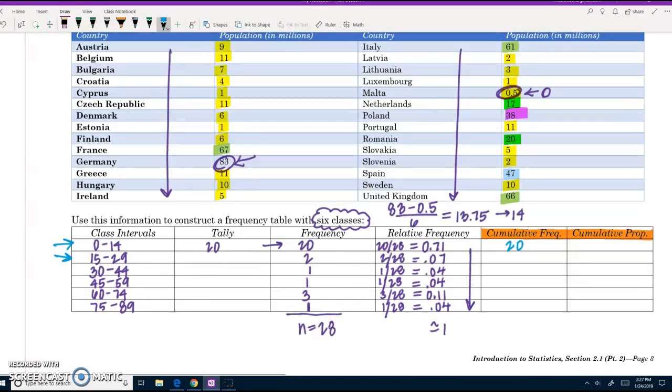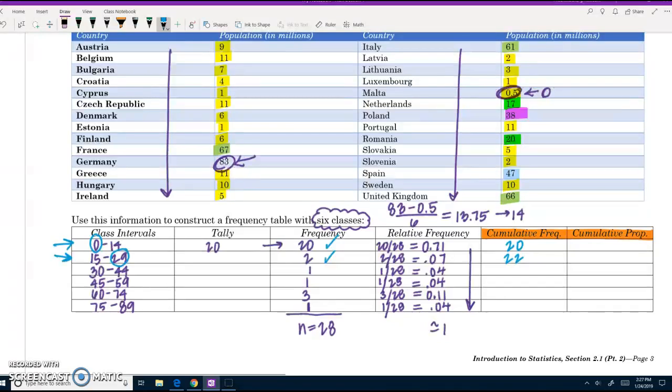Instead, what we're going to do is consider all of the countries that have a range from 0 up to 29 million. So what that means is we're going to add the frequency from our first class and the frequency of our second class. So here, that's going to be 20 plus 2. So this value is going to be 22. So what I can say is there are 20 countries that have a value for population between 0 and 14, but then there are 22 that have a range between 0 and 29.